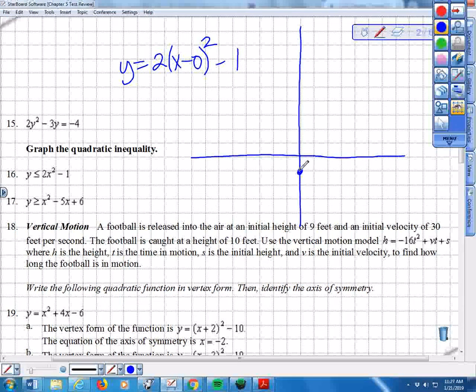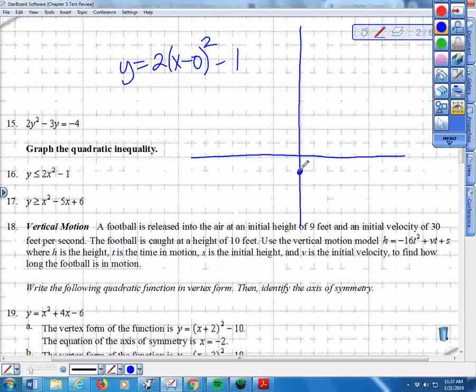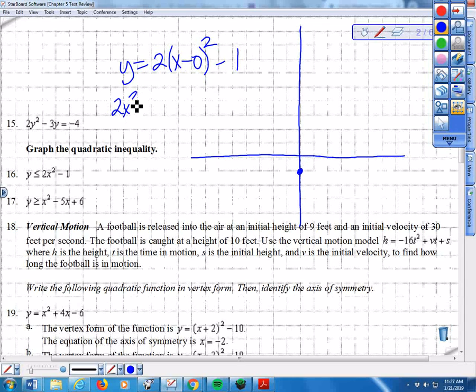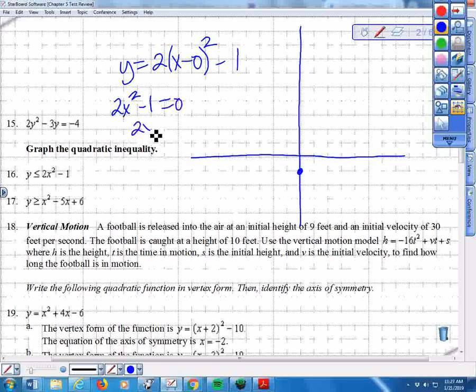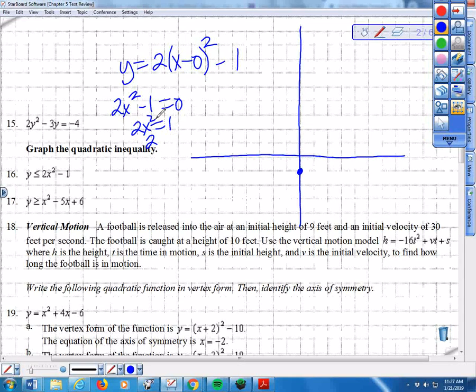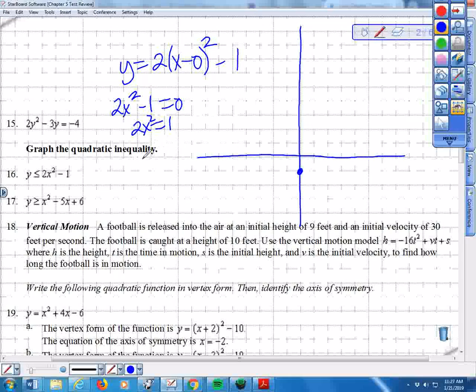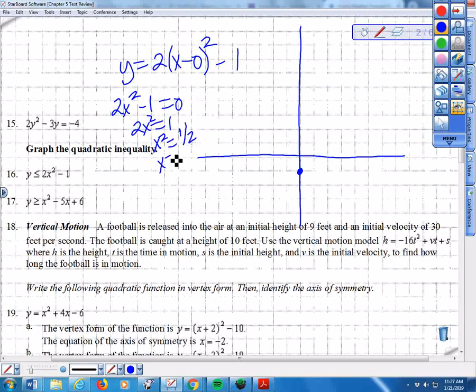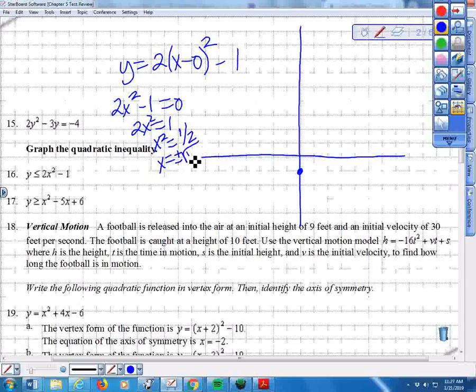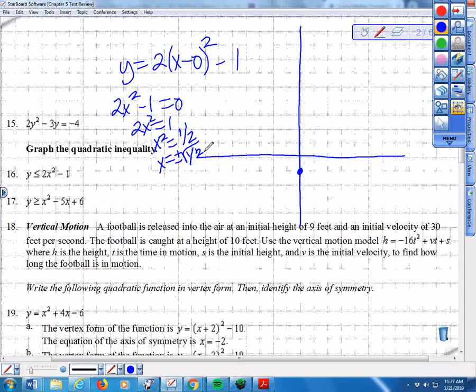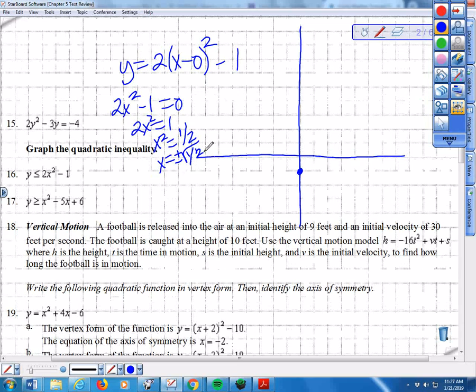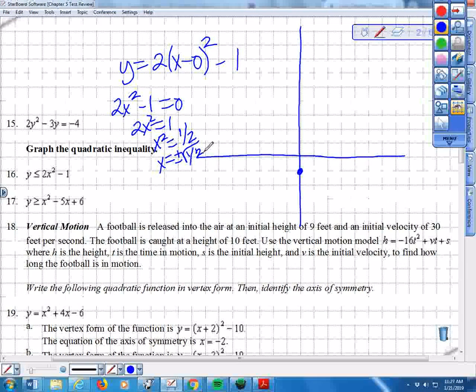What else could I do here? I could find the two zeros. 2x squared equals 1/2. X equals plus or minus the square root of 1/2.